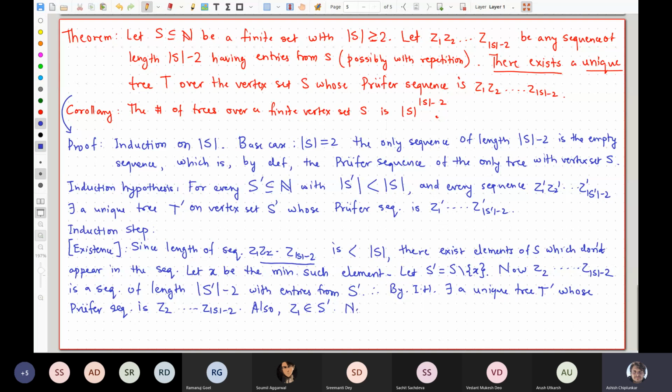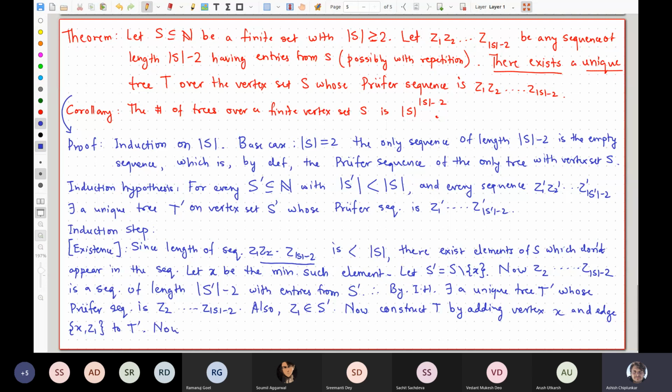Okay, so now construct T by adding vertex X and edge X Z1 to T prime. Now check.